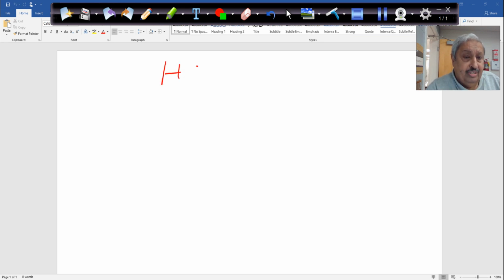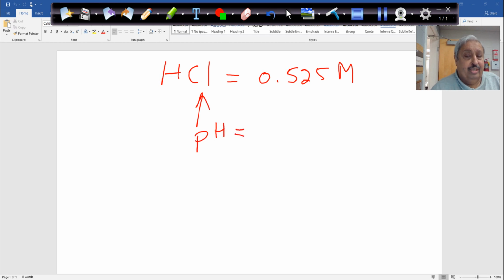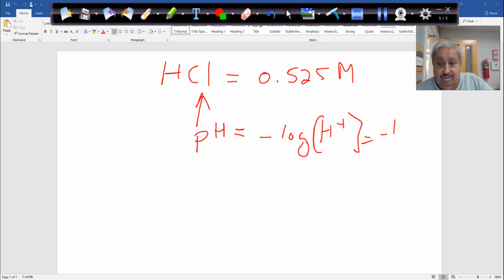An acid HCl, correct, has the concentration of 0.525 capital M, mole per liter. We need to get the pH. What is the pH of this? That's a concentrated acid, so it will be minus log of the H+, which will be minus log 0.525.